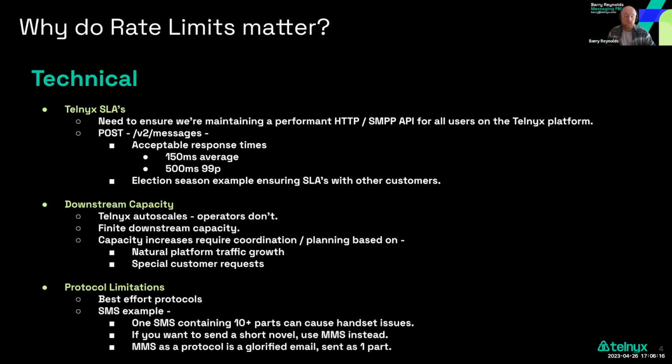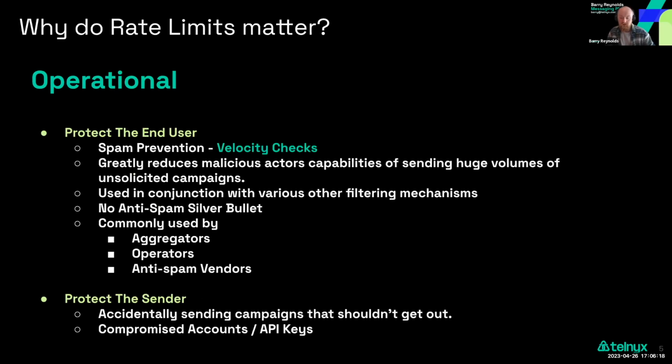And then we have the operational side of the coin. The main thing here is protecting the end user by filtering messages based on velocity checks, which are also commonly referred to as flooding filters. An extreme example would be you make a mistake in your campaign sending, or there's a loop in your application, and all of a sudden you're sending hundreds of messages to one particular recipient.